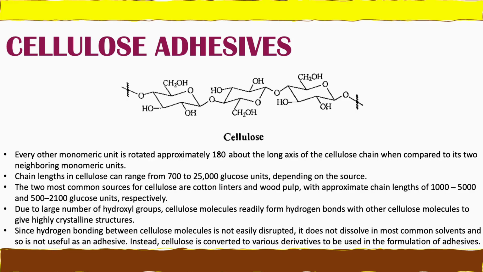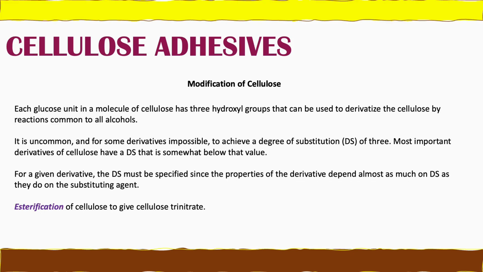So the solution is that we do not use cellulose as such, but we can convert it to many of its derivatives that can be used in the formulation of adhesives. There are certain modifications of cellulose which are done, and one of the most important factors while describing such molecules is the degree of substitution, or the DS value.